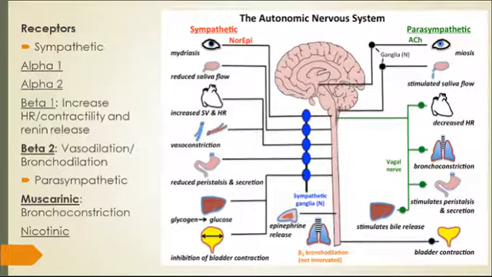Here we come back. I told you we'd keep coming back to the autonomic nervous system. We're looking a lot on both sides, really. But if you look over here on your sympathetic, you have your alpha and beta, your beta 2, which is your bronchodilation. The opposite is your bronchoconstriction.